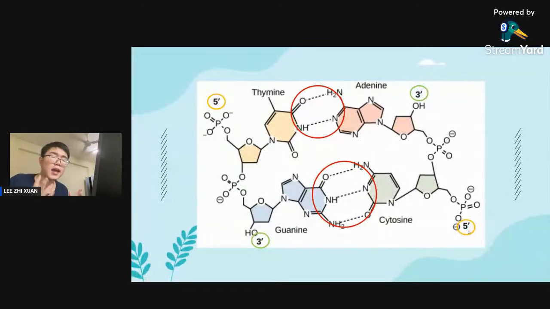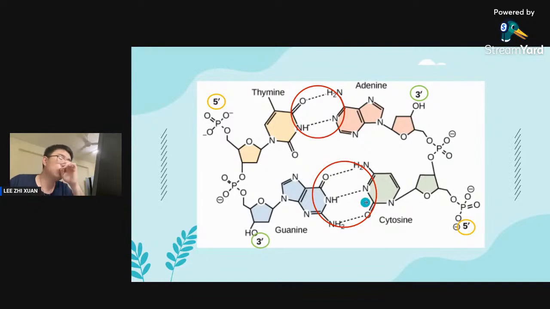So if the exam wants you to draw the structure like this, it may come out. You have to be alert to the hydrogen bonding and also the direction of the polynucleotide chains, because both of them are anti-parallel.